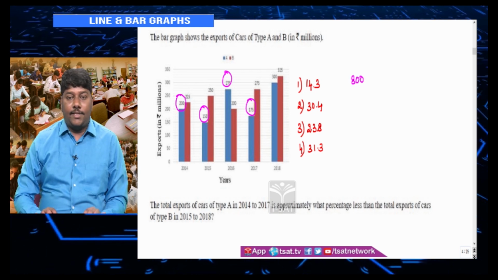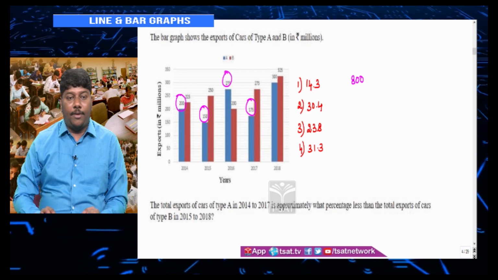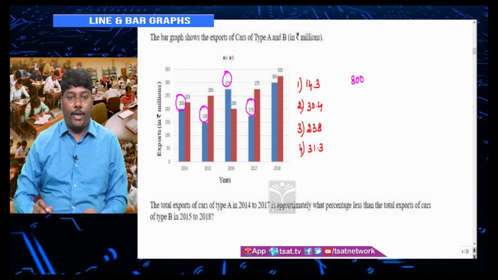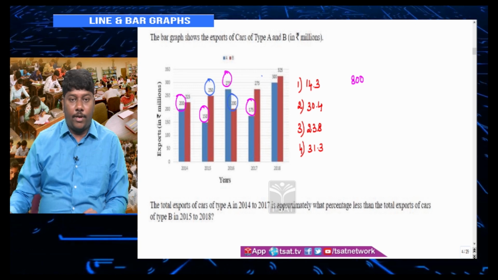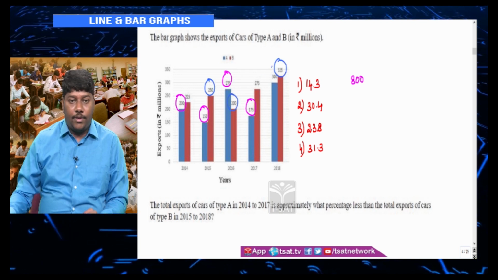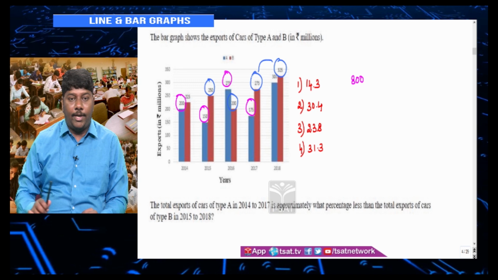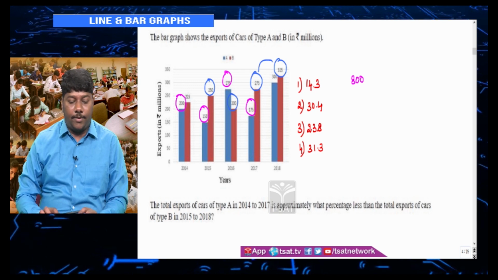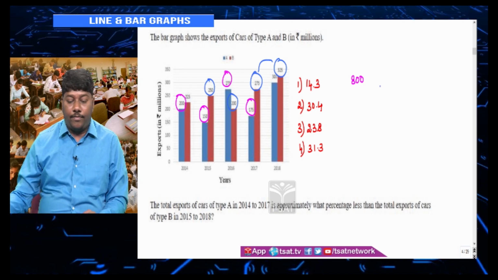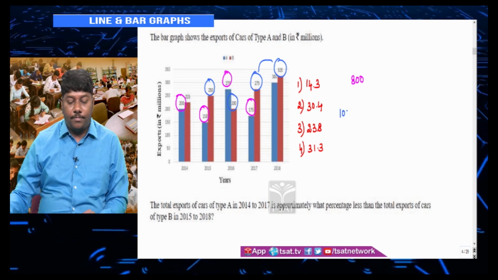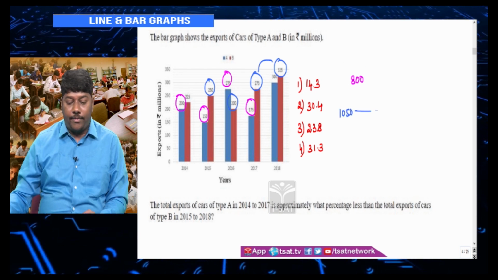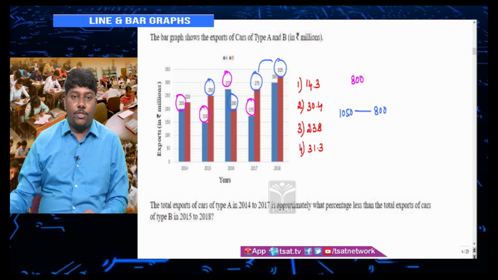What percent less than the total exports of the cars of type B from 2015 to 18? 2015 to 18, type B: 250, 200, 450, plus you have 525, 325 plus 275, that is 600. 600 plus 450 is 1050. So, you compare 1050 to 800, asking you percentage less.